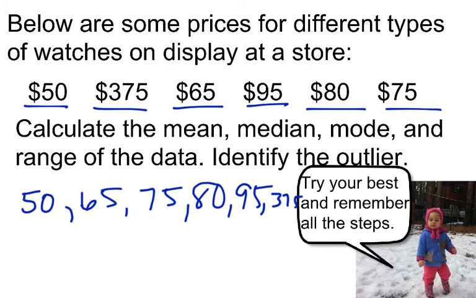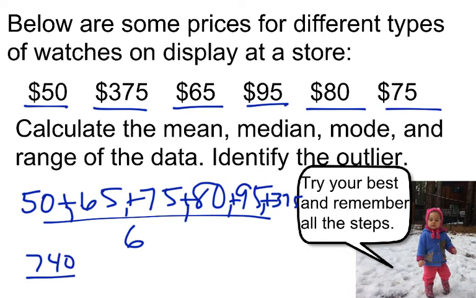So I'm going to add up 50 plus 65 plus 75 plus 80 plus 95 plus 375. And then I'm going to divide all of those numbers by 6 after I add them all together, which gives me 740 divided by 6, $123.33. That's my average watch price.